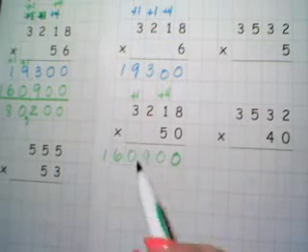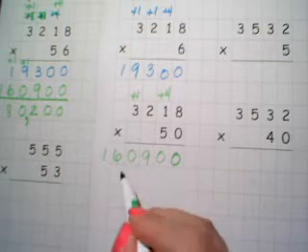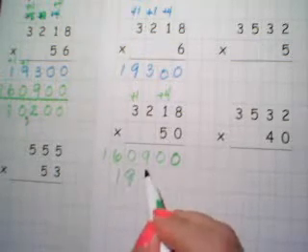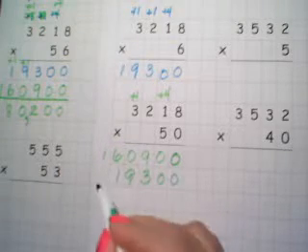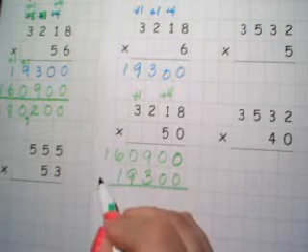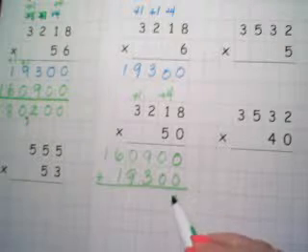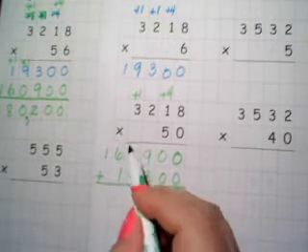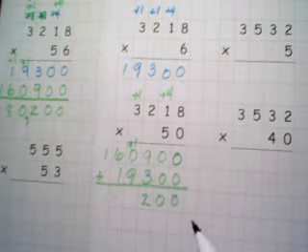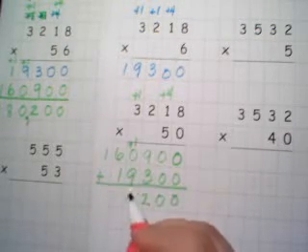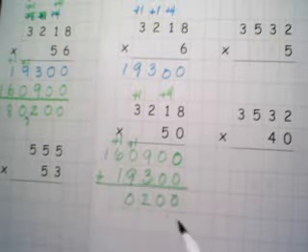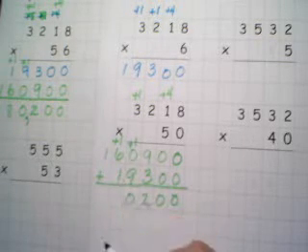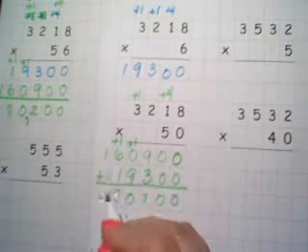Now we would just add our 19,300 to this, and we would get 0, 0. 9 plus 3 is 12. Put our plus 1 up here. 9 plus 1 is 10. Put our plus 1 up here. 6 plus 1 is 7, plus 1 is 8.